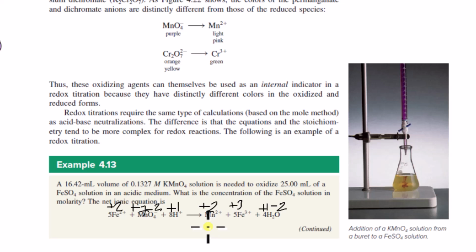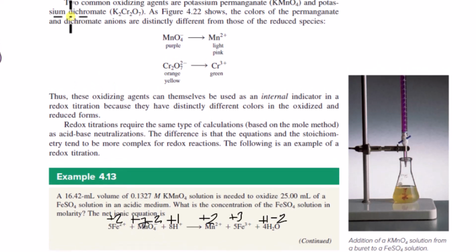Remember, with a redox titration, you're titrating an oxidizing agent against a reducing agent or vice versa. In this case, for this example, we're titrating a reducing agent against an oxidizing agent. The reducing agent is Fe2+, and the oxidizing agent is MnO4-.